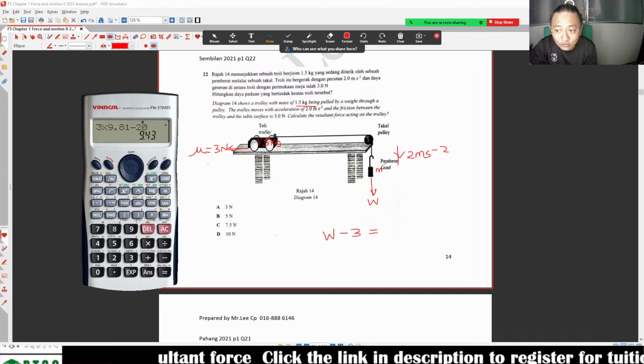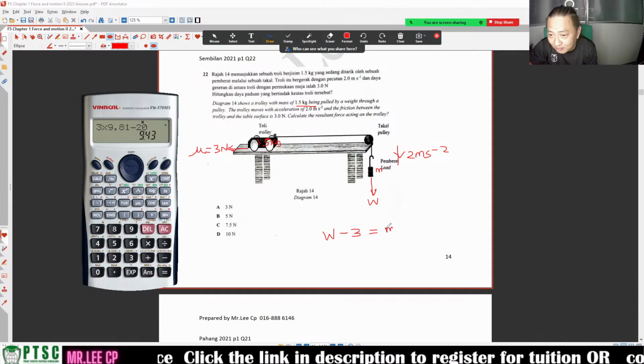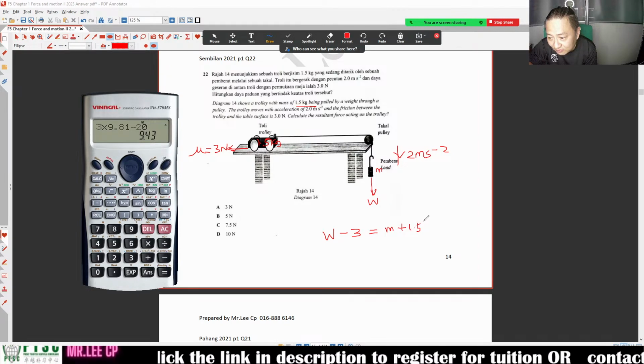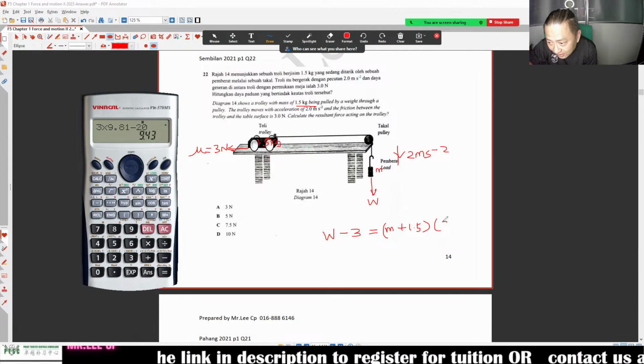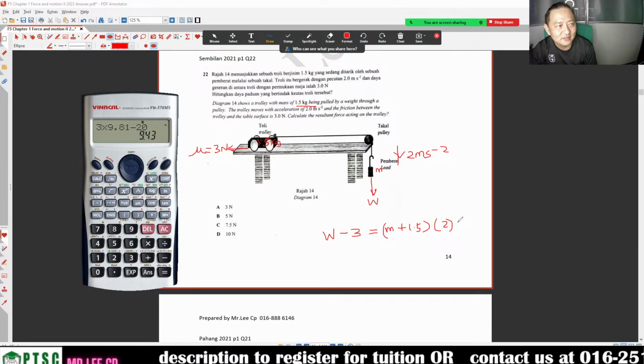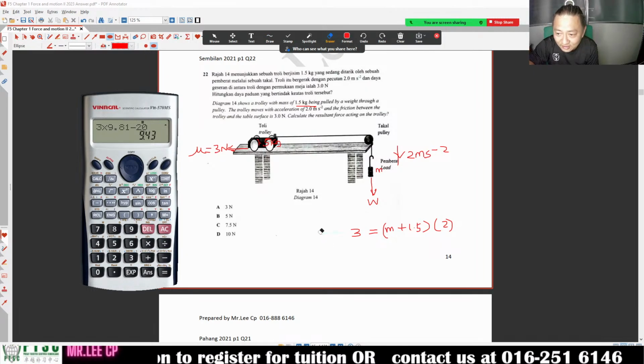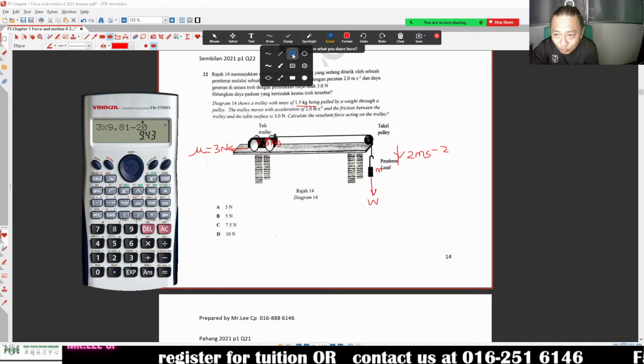This M I don't know. Total mass is M plus 1.5, and A. I got 2 unknowns. I cannot do it this way.